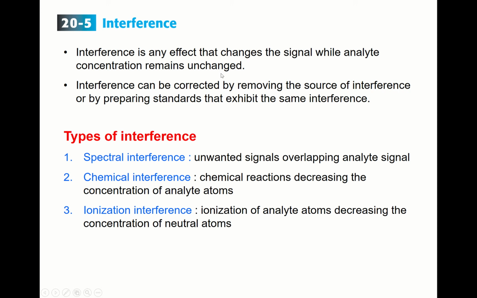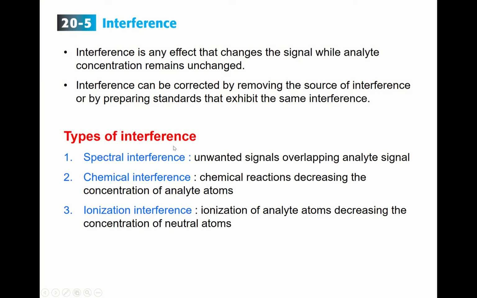So it is important to minimize the interference effect. Interference can be corrected by removing the source of interference, or by preparing standards that exhibit the same interference, and by comparing your sample signal with that of standards. So maybe we can deal with this interference.